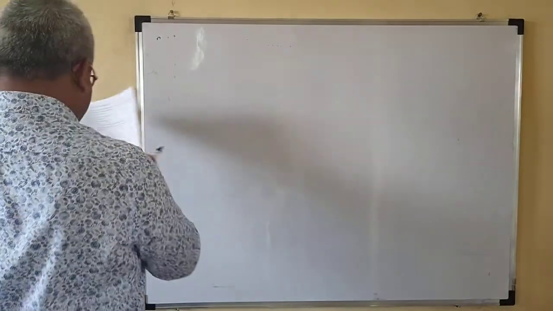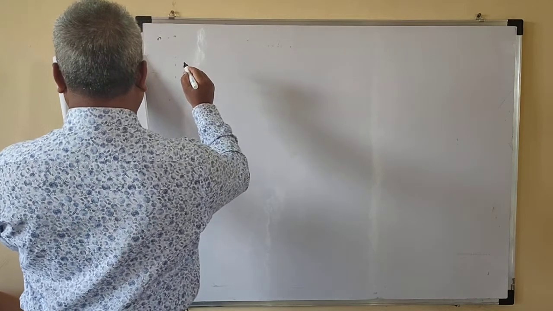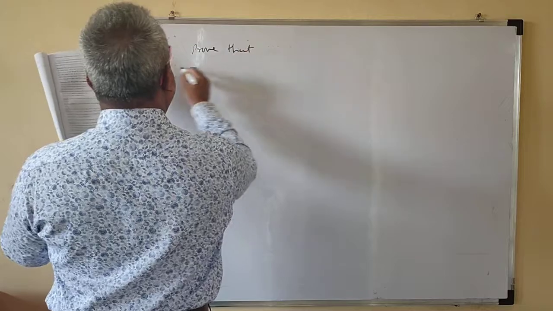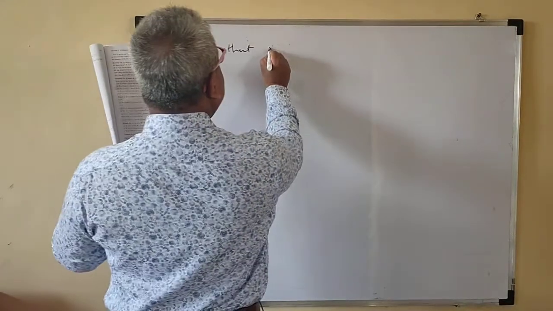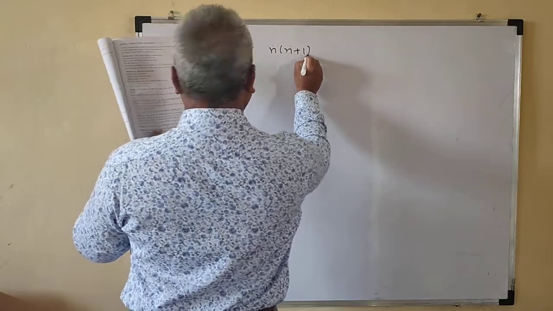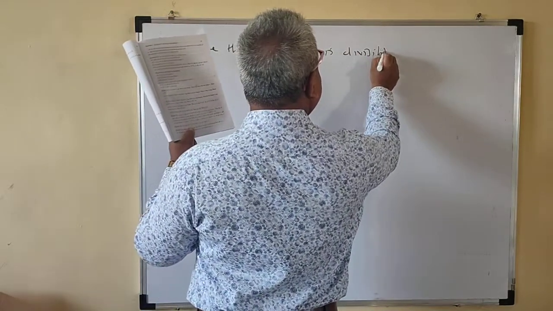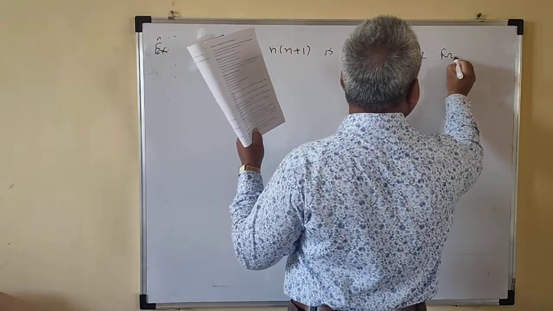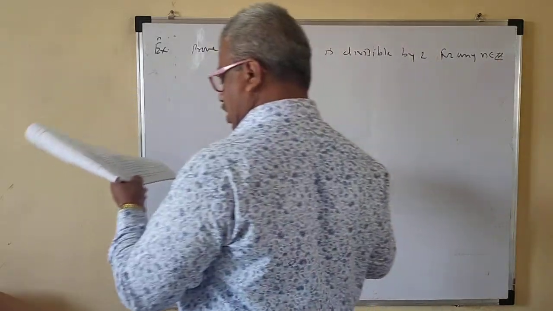So we'll take the problem. This is the example. Prove that n into n plus 1 is divisible by 2 for any n belongs to Z, for any integer n.